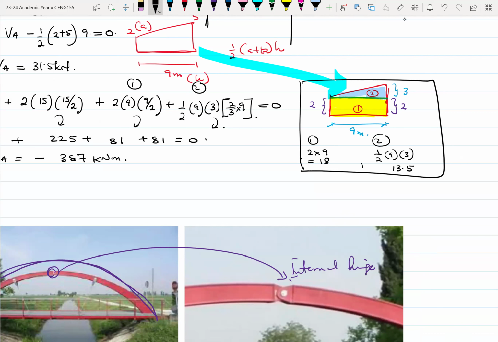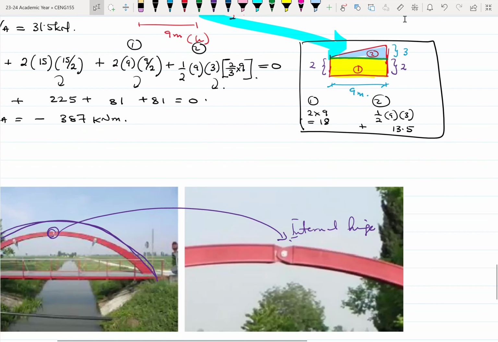If you add these two together, 18 plus 13.5, you get 31.5 kilonewtons. So we have two options when finding vertical forces, either to break them into two, which I think is an easier approach.